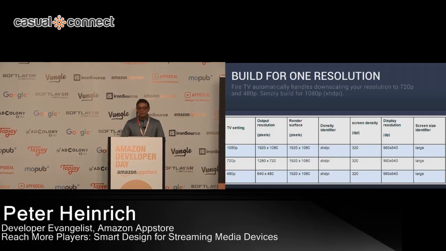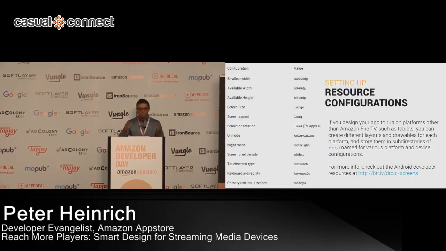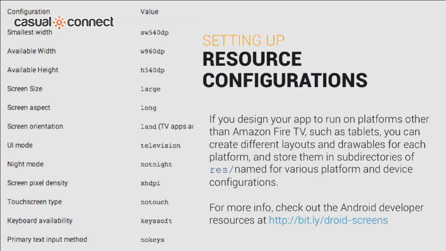In fact, I recommend that you simply build everything for 1080p, which in Android would be indicated by resource type XHDPI, because the Fire TV will automatically downscale to 720p or 480p as required by the output hardware, whatever TV you've got connected to the device.